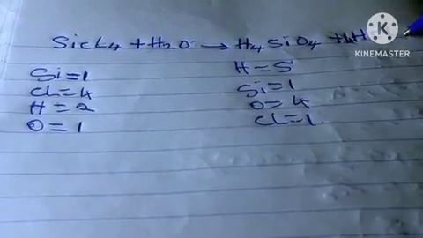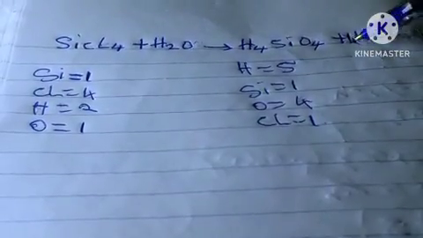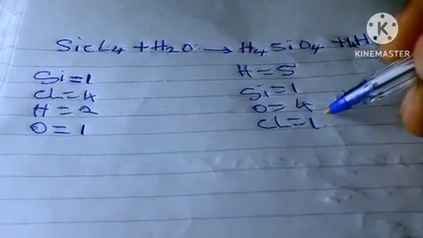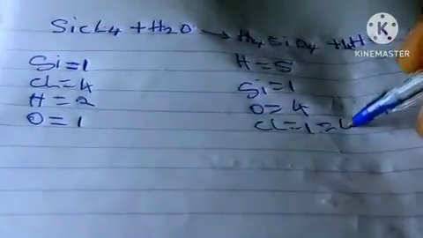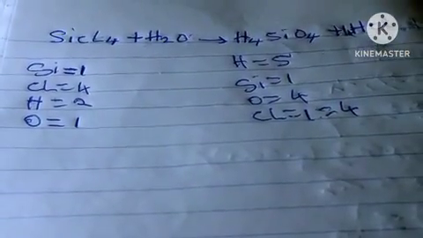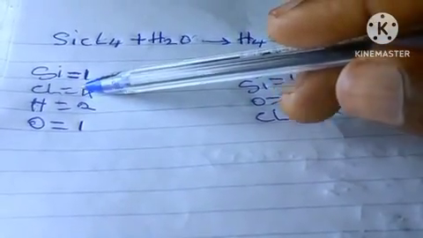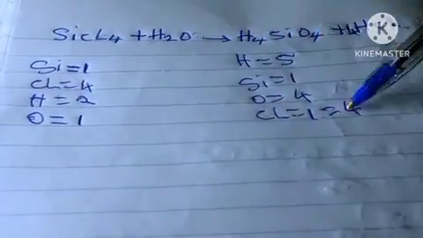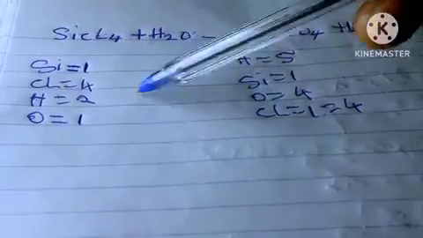Here chlorine had only 1 atom before, now 4 multiplied by that one will give us 4. So chlorine has 4 atoms now at the left side, also at the right side. Okay, chlorine is now balanced.